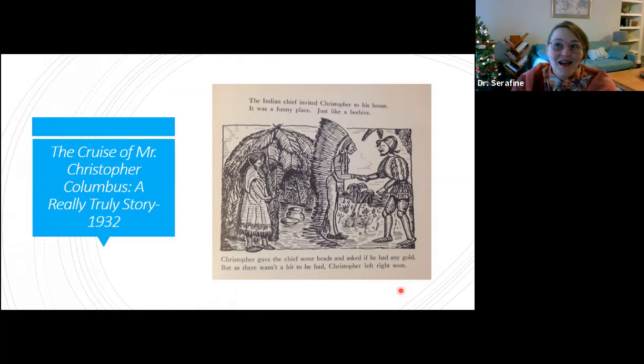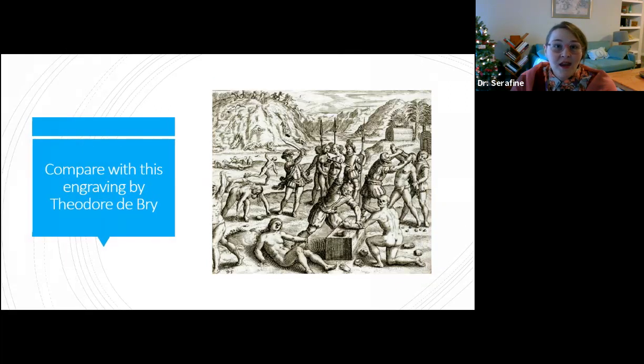This story, that Columbus asked the chieftain, do you have gold, chieftain said no, Columbus left, is complicated or even belied if we look at other primary sources from Europeans from the time of conquest that depict what the Spanish did to first the Taino Arawak and later others if they did not bring back sufficient amount of gold, and then silver as we move into present day Mexico.